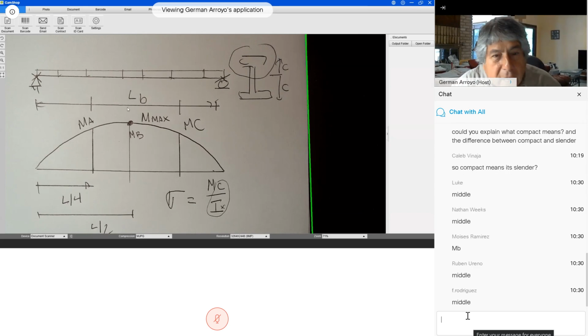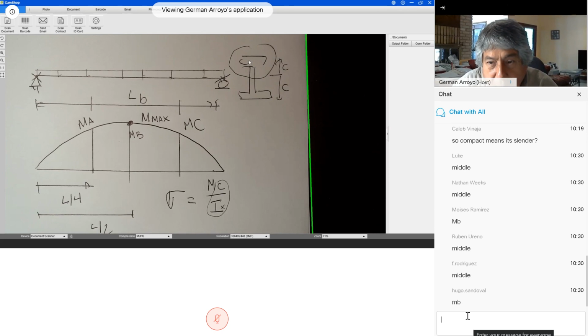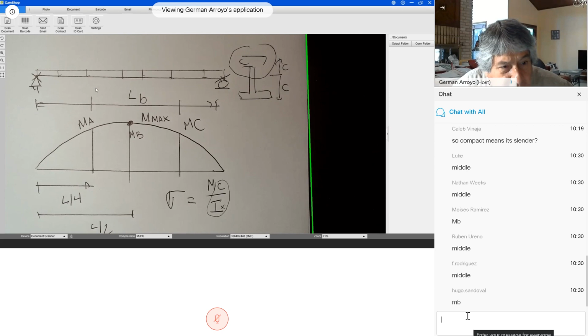Right? So if you look at the compression flange, exactly, at this point the minimum stress increases, increases, increases. So there's a gradient of the stresses.